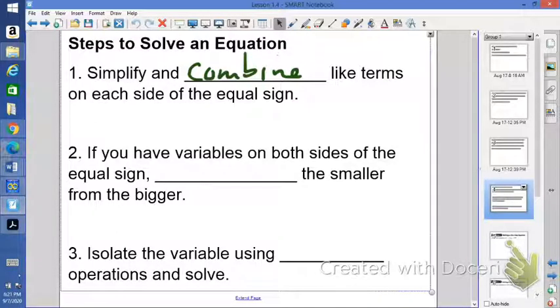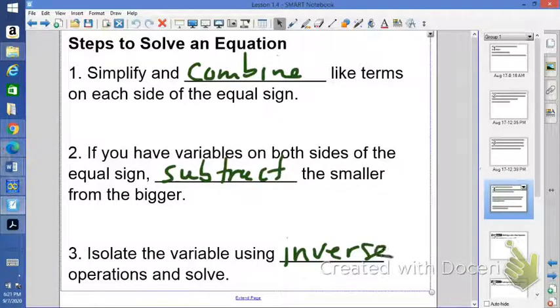If you have variables on both sides of the equal sign, subtract the smaller from the bigger. And then once this is done, isolate the variable using inverse operations and solve. Alright, so this three-step process is what we're going to be using to solve equations.